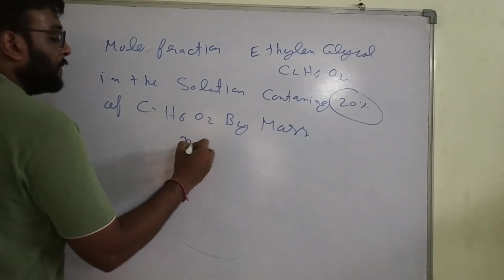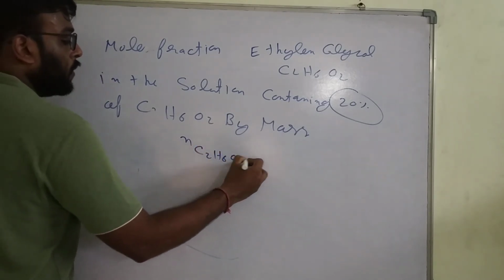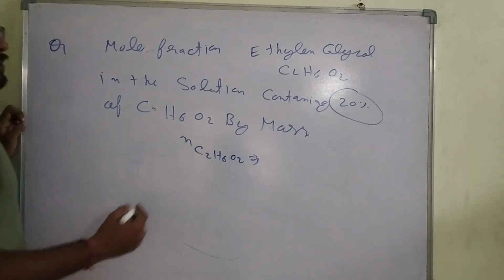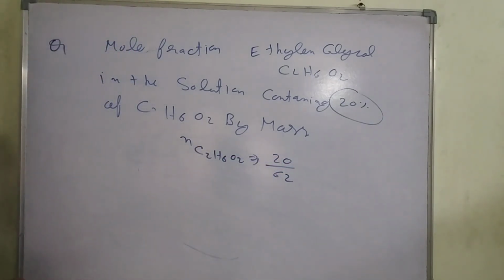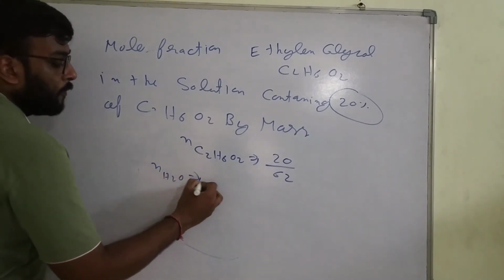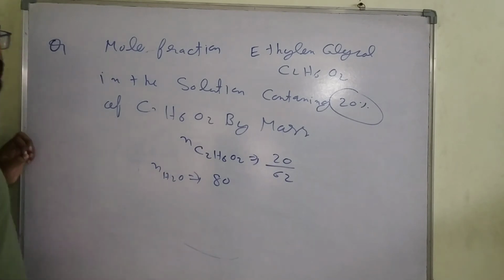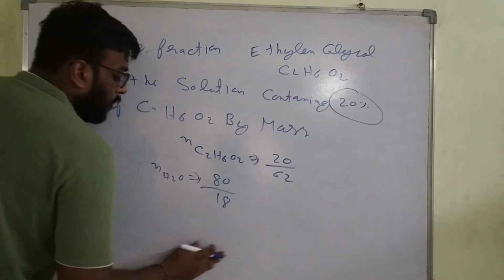One thing is that the number of moles of C2H6O2 equals weight in gram upon molecular mass, 20/62. Are you getting my point? The number of moles of water, we have to find out: 80, because the remaining is water, upon 18. Now, what is the mole fraction?